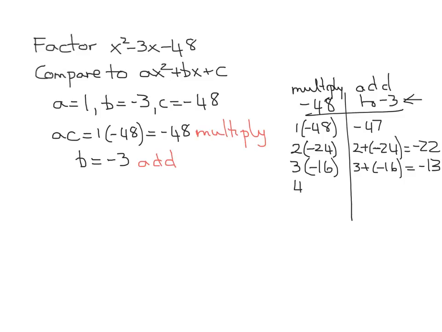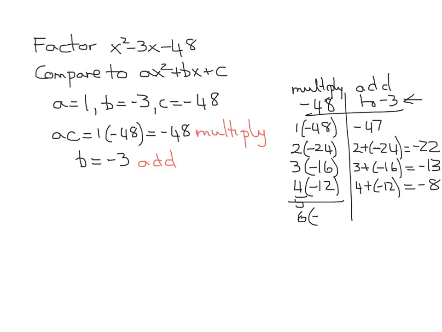Does 4 go into negative 48? Yes, 4 times negative 12 is negative 48. And what is 4 plus a negative 12? That is a negative 8. Getting closer. Does 5 divide evenly into negative 48? Nope. Does 6 divide evenly into negative 48? Yes.